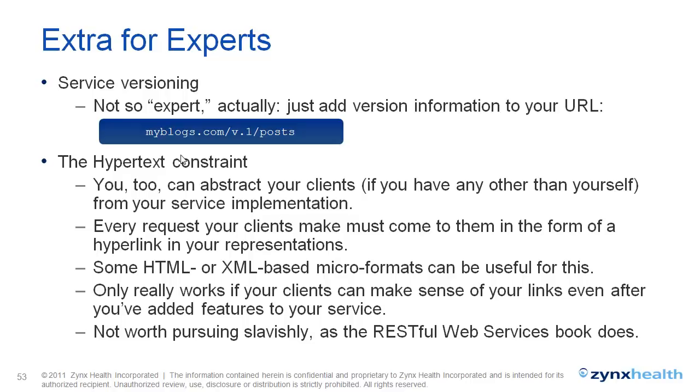But unlike the web, in which human beings are actually making all the decisions about state transitions by clicking on links and the like, in an AJAX-driven application, in a Web 2.0 application, there's script code doing a bunch of stuff under the covers, and a lot of what it decides to do automatically on the user's behalf is based on its assumptions about how the service operates, even if what it does in terms of forming URLs to get at resources is based on hyperlinks in the hypermedia resources that it receives.